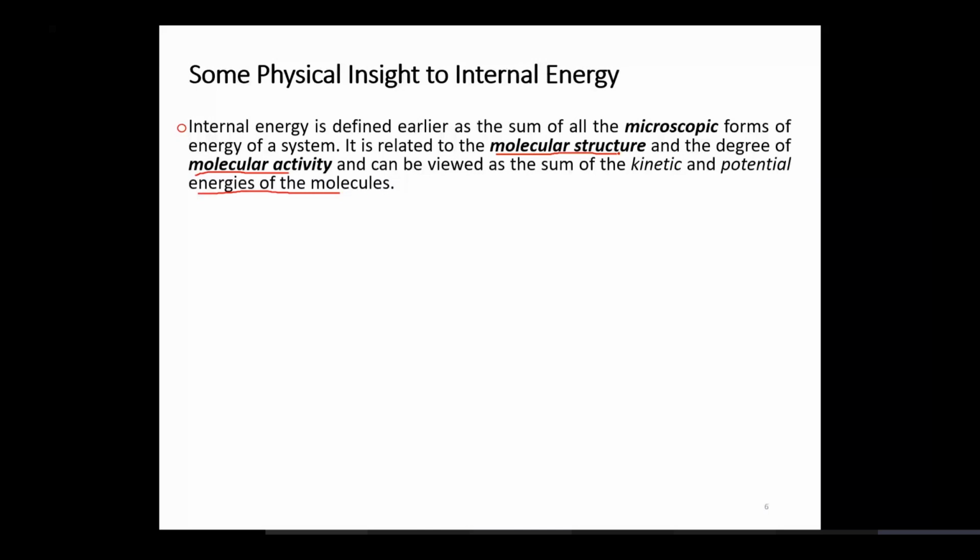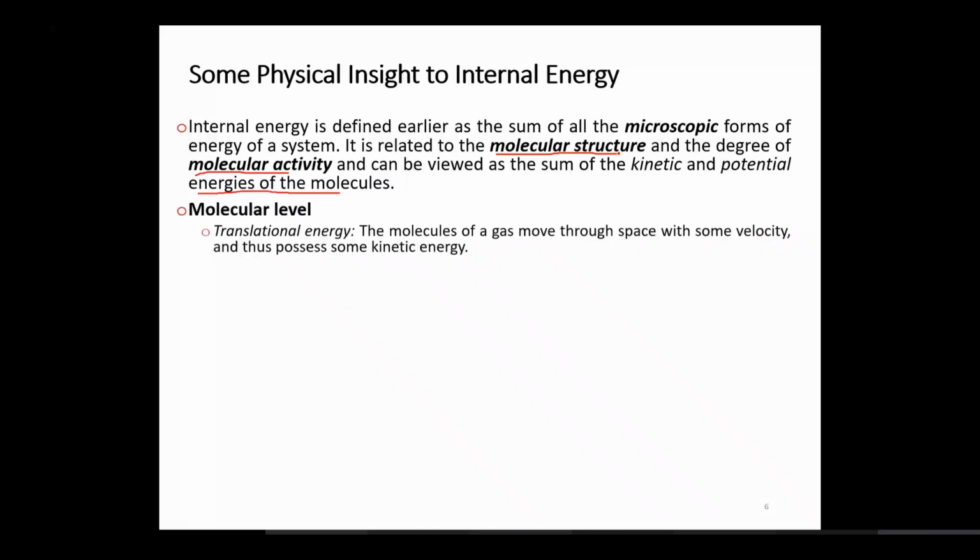Number one is the translational energy. That means the atoms are moving at a certain velocity. The energy associated with the molecular or atomic velocity of the components within the system is translational kinetic energy. Clear? The velocity with which the molecules are moving within the system.